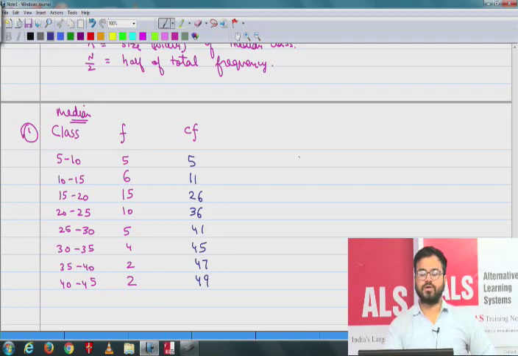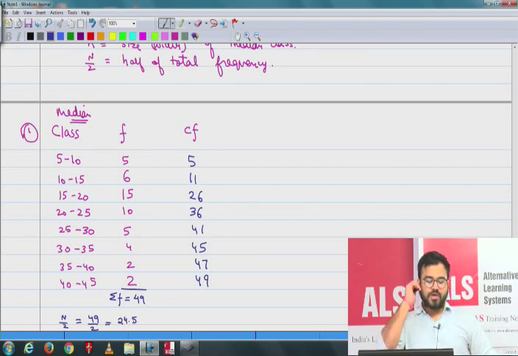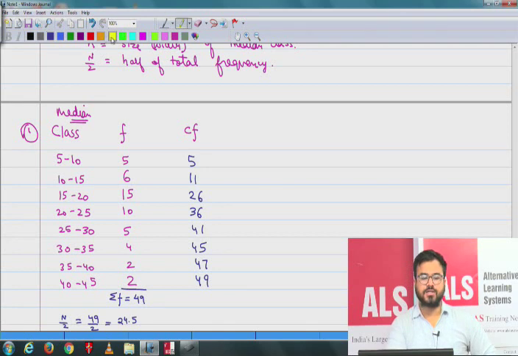Now we will do n by 2. The total frequency is 49, so n by 2 is 49 over 2, which is 24.5. Now we have to see which cumulative frequency is just greater than 24.5. In this cumulative frequency, the value just greater than 24.5 is 26.